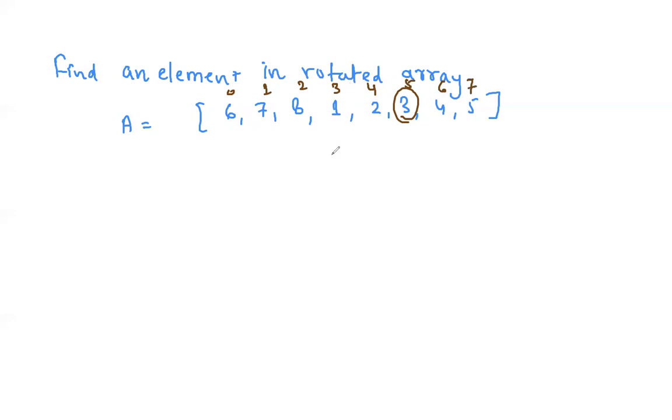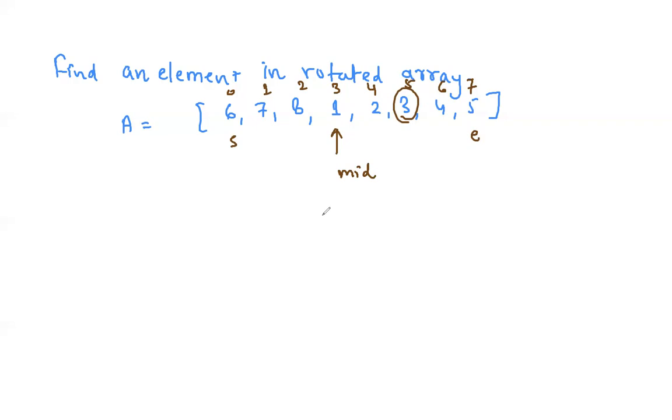With the same logic, first we find the mid. In this case, my mid is 3, my start is 0, and my end is 7. Binary search rule: first divide. Then we will search which subarray is the sorted one, meaning in increasing order. In this case, the right side is in ascending order, and the left side is in descending order.